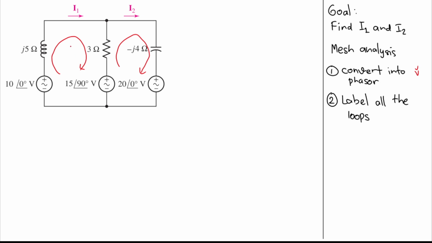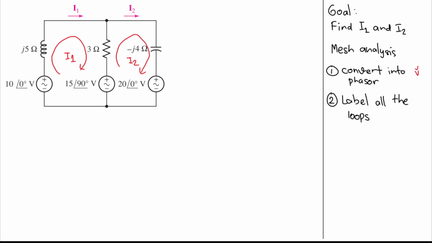However, this loop is the same as I1, because I1 is the current that passes through this component, 10 angle 0 and J5. So I just named this loop I1, and I don't need an additional step to find I1. And here, I2 is also the current that passes through this capacitor and voltage source, so this is I2. So we have labeled all the loops and also extracted some information from the circuit.